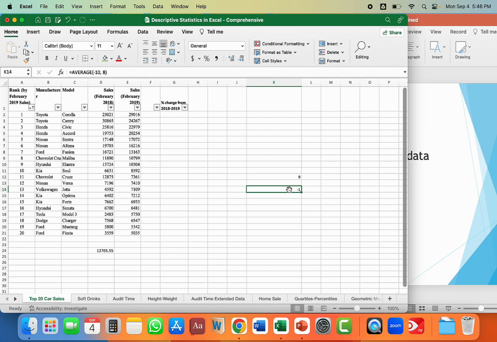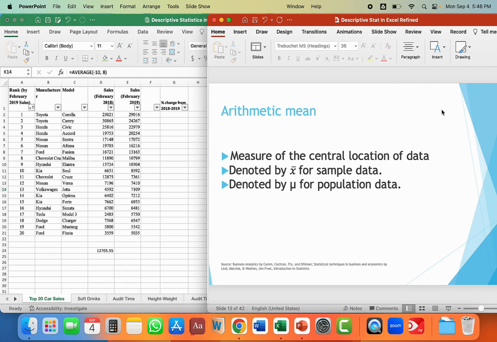But arithmetic mean would factor in that negative sign, and it will create a distorted one. So you see here, this is 9 and this is negative 1. So arithmetic mean is very sensitive to this, and therefore sometimes we do not prefer arithmetic mean.